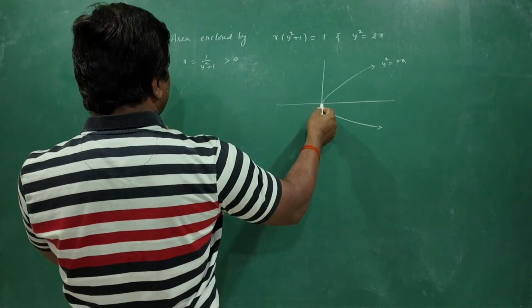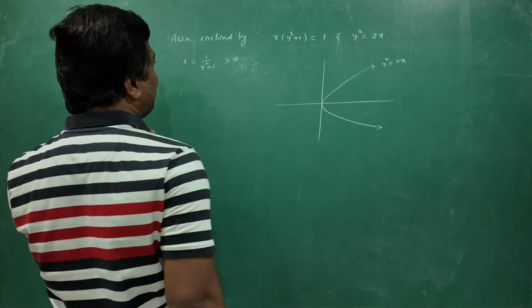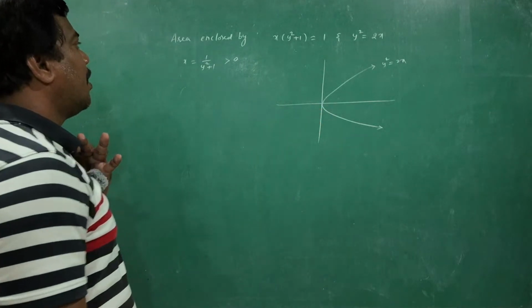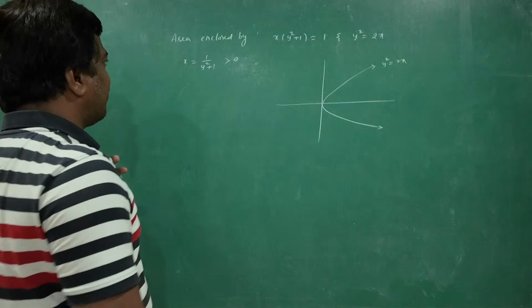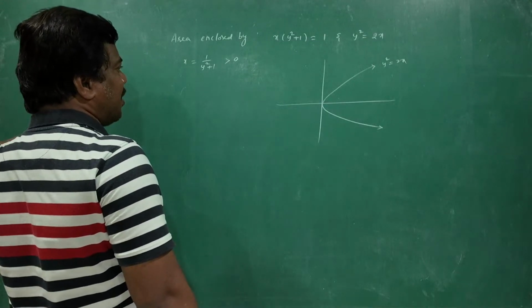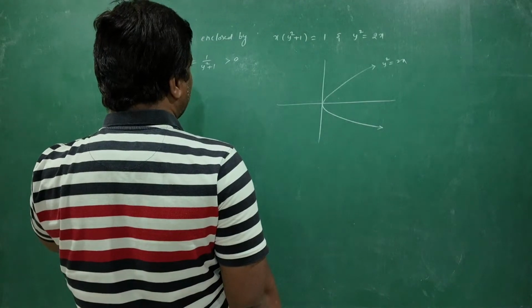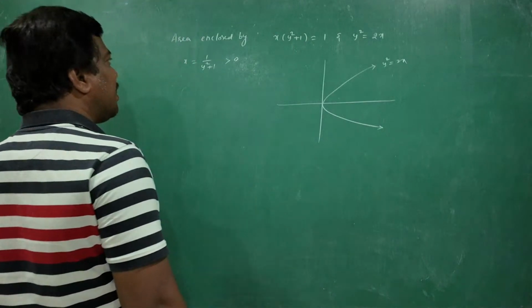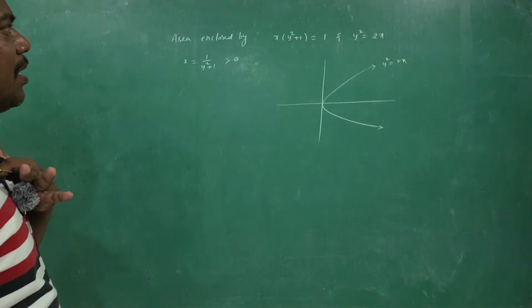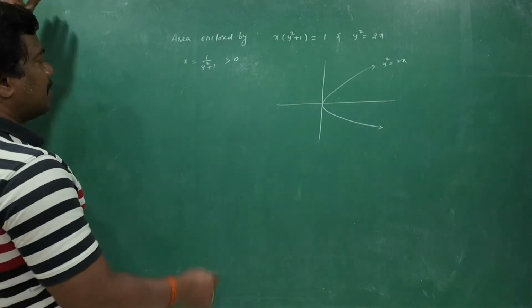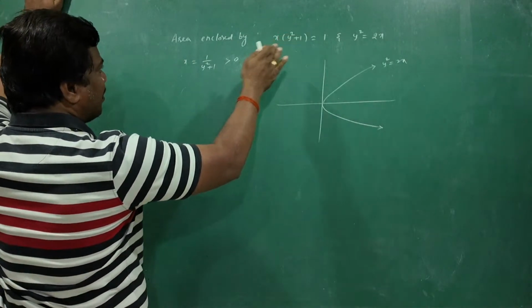By choosing y value 0 in the graph of x equals 1 by y square plus 1, x becomes 1. Okay. First I am going to solve these two.